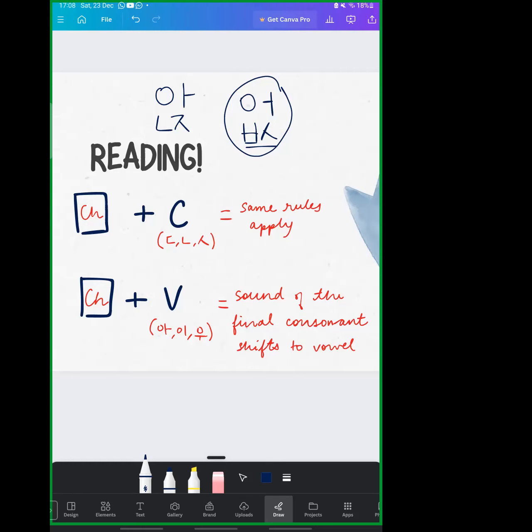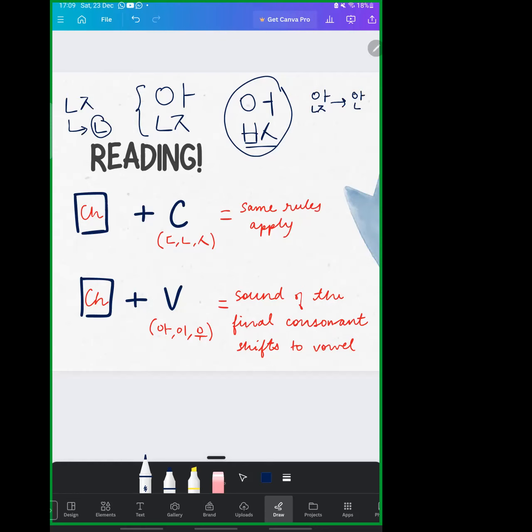Yes, ma'am. How would you read this one? An, just an. Why? Because this final consonant, when you read it separately, makes only the sound n. So this will be read as an in isolation.